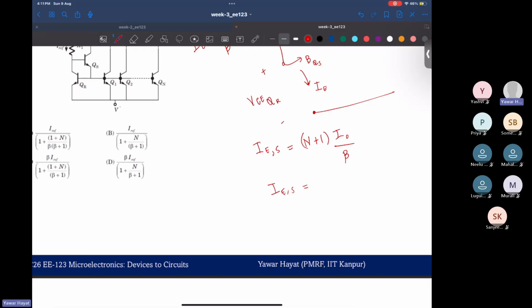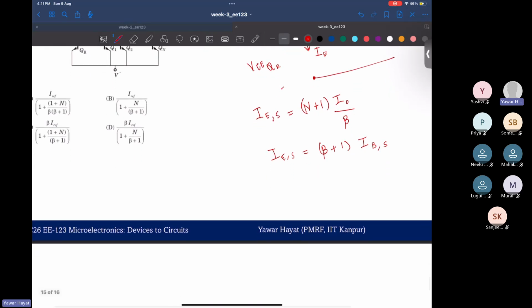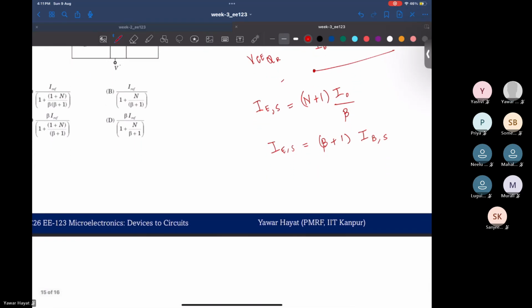IES would be equal to your beta plus 1 times IBS, correct? And so therefore this much is fine, right? I'm relating the emitter current of my source transistor to the base current of my source transistor.